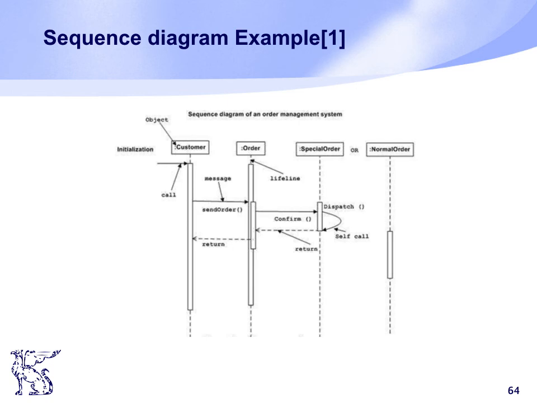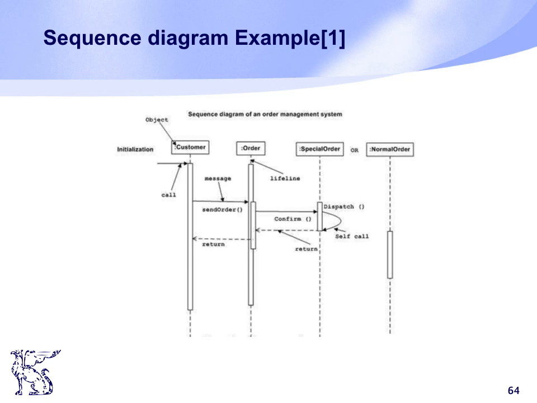At first we initialize it with an arrow without any name. This is the initialization call, but it is optional. Then the first call is the send order call, which is a method of the order object, and the next call is confirm, which is a method of the special order object.